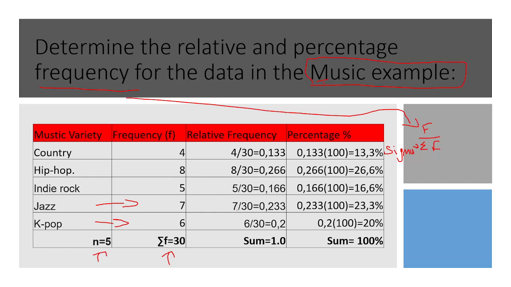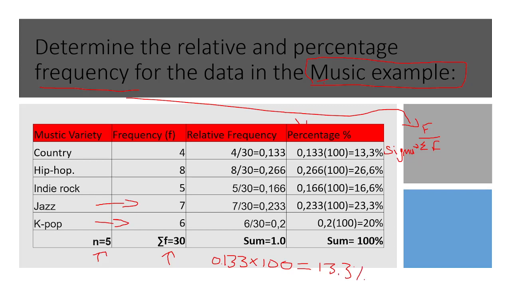When I've done this, I get a decimal here. And if you want to convert this to a percentage, you need to do simple mathematics: 0.133 times 100, which will give you 13%.